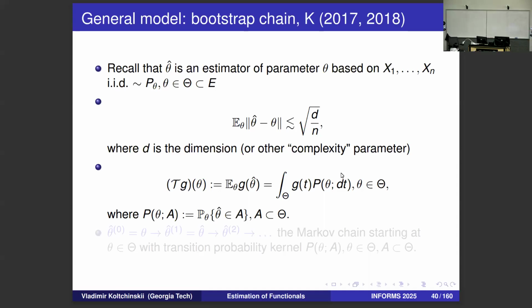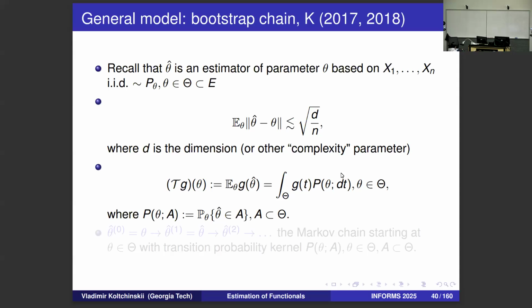I'm assuming again that I am in possession of an estimator theta hat, for which this type of bound holds, where d is the dimension or another complexity parameter. I remind you that I define this operator this way, and it can be written in terms of a Markov kernel, and this Markov kernel gives us the distribution of the estimator theta hat.